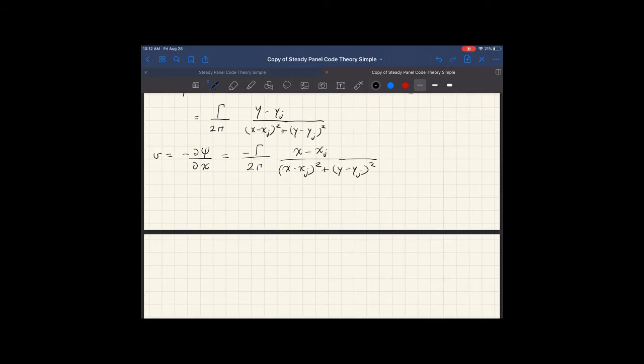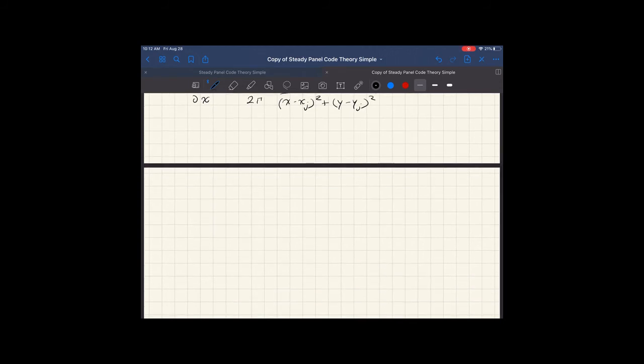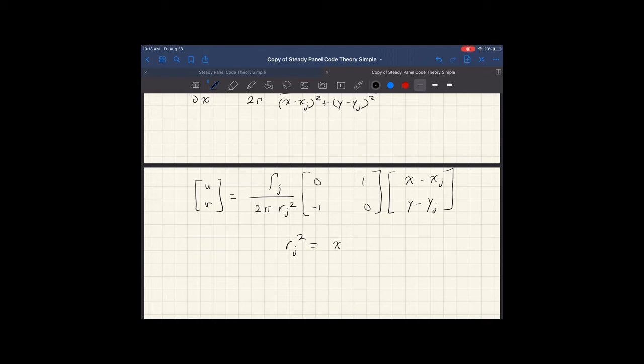And putting this in a matrix form will give you u and v is equal to gamma j over 2 pi rj squared multiplied by the matrix 0, 1, minus 1, and 0, and then x minus xj and y minus yj, where rj squared is equal to x minus xj squared plus y minus yj squared.